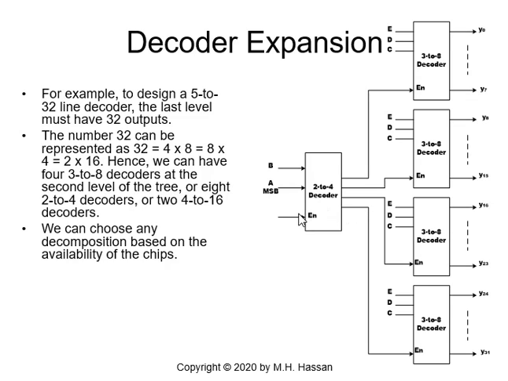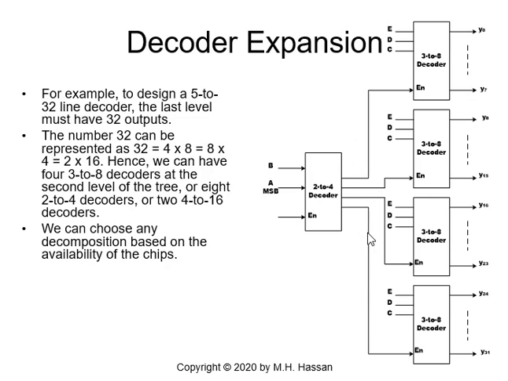Hence we can have 4 2 to 3 decoders as shown here as the second level, or 8 2 to 4 decoders, or 2 4 to 16 decoders as we wish, because 16 times 2 is 32.